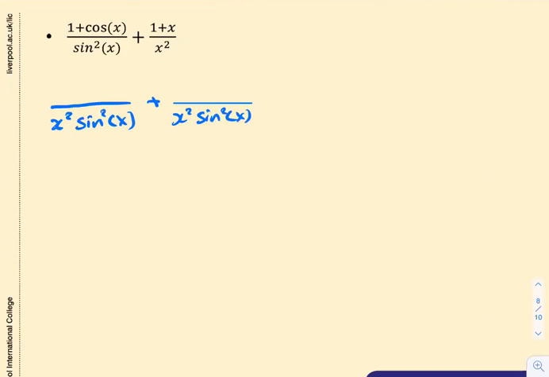And x squared sine squared divided by sine squared is x squared, so it's going to be x squared times 1 plus cosine x. And then this one's going to be sine squared x multiplied by 1 plus x, okay?